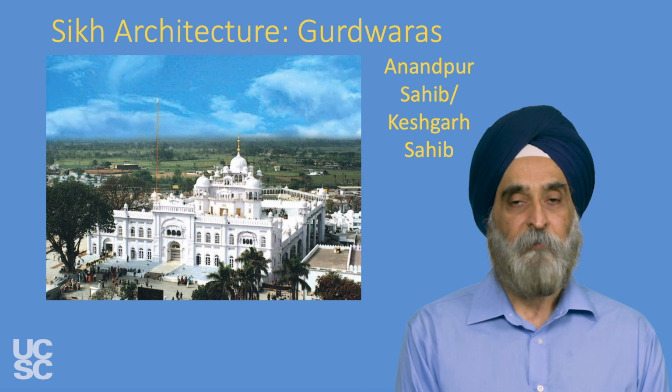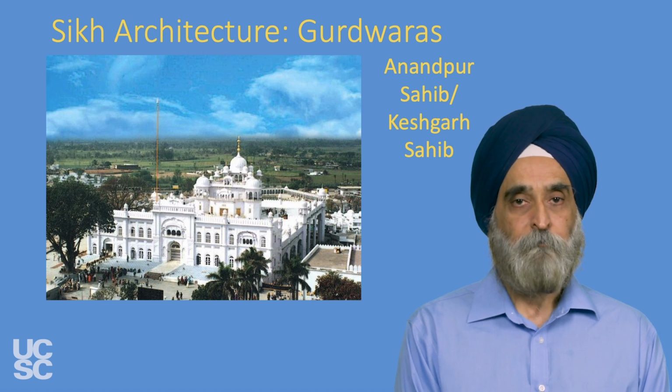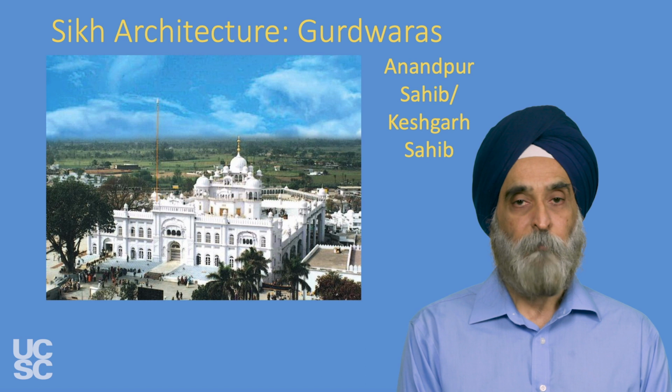This building actually has a roof level that can be walked on all around, and then in the middle, of course, there's another couple of stories. So this is a very imposing structure, and again, it marks a very significant site in Sikh history.